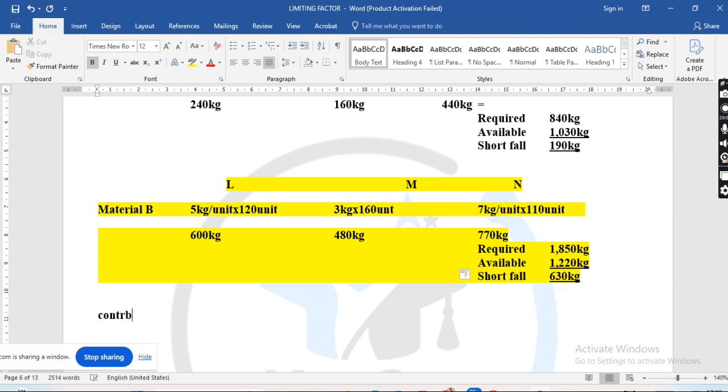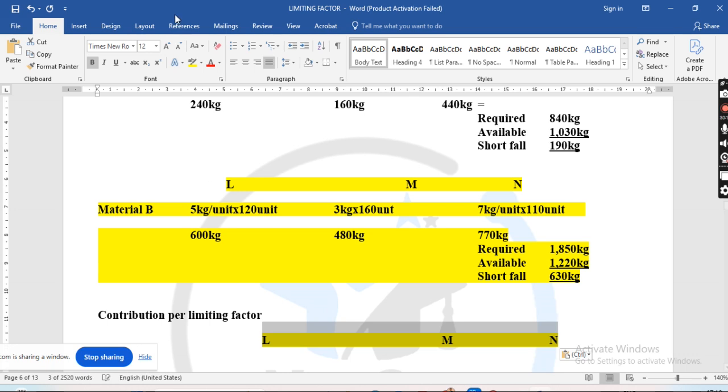Don't forget we want to do the production mix, right? So we have product L and product M.